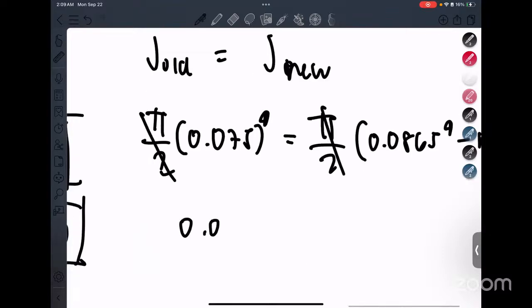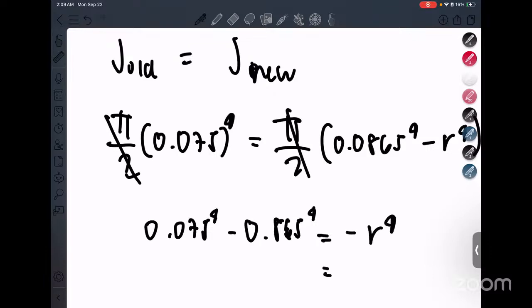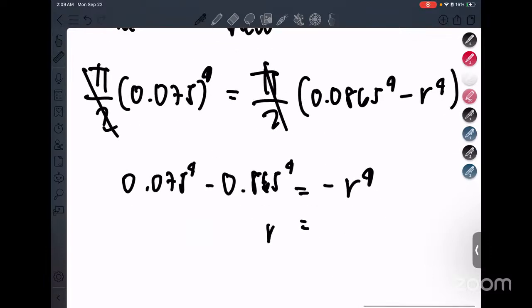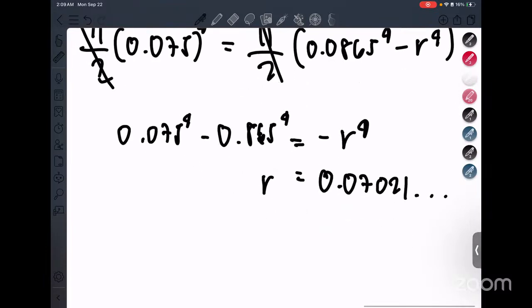You have 0.075 raised to 4 minus 0.0865 raised to 4 equal to negative r to the fourth. I will not bore you with the arithmetic behind this. From calculator, r equals 0.07021, etc.